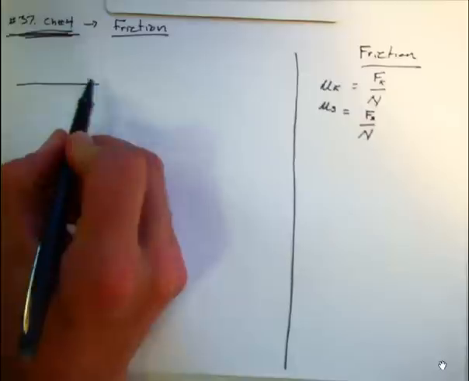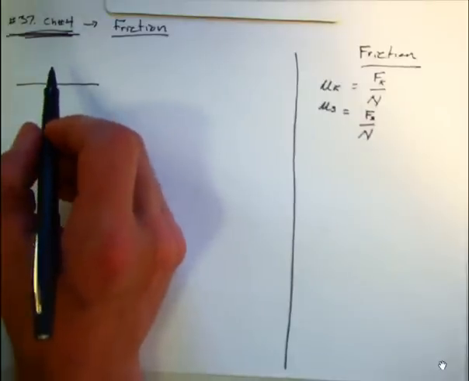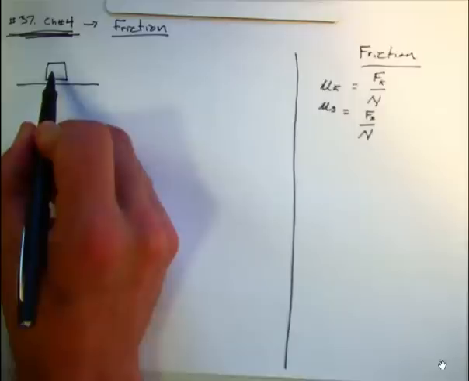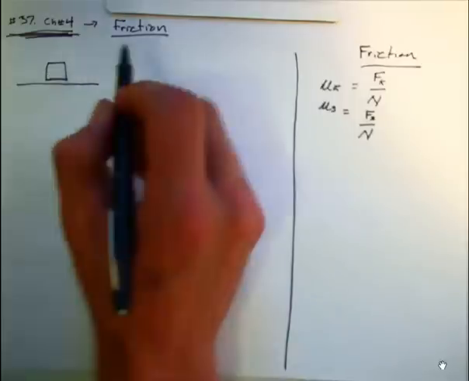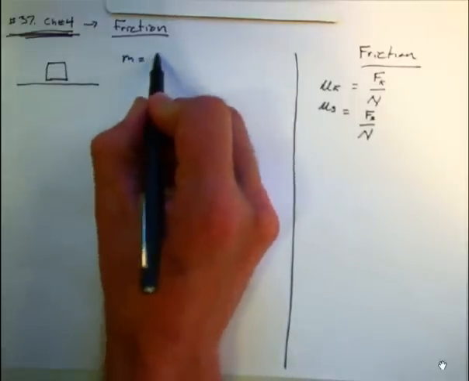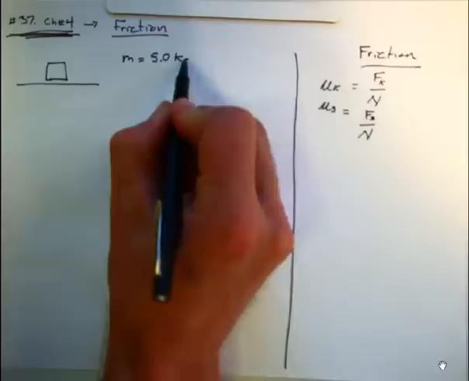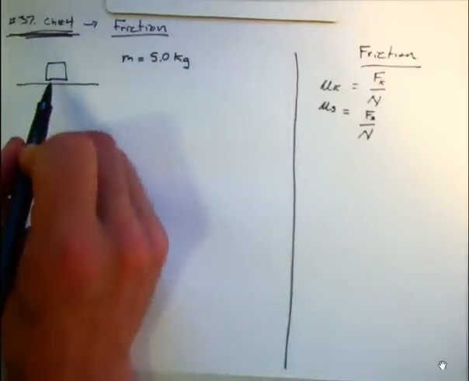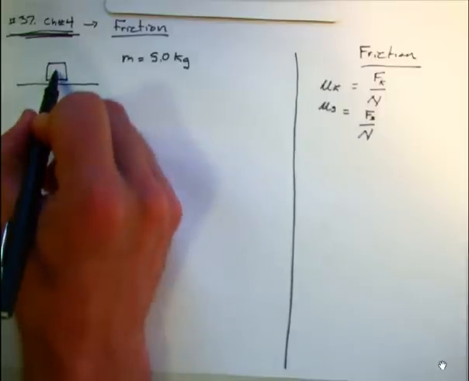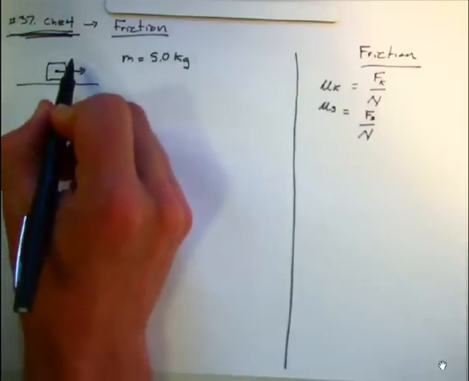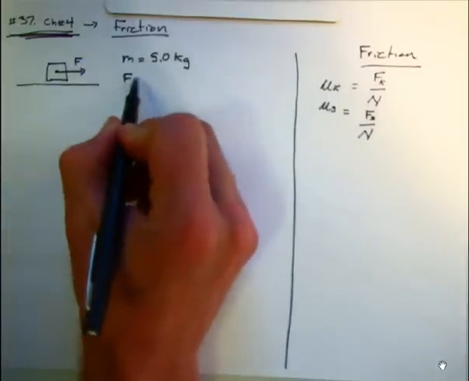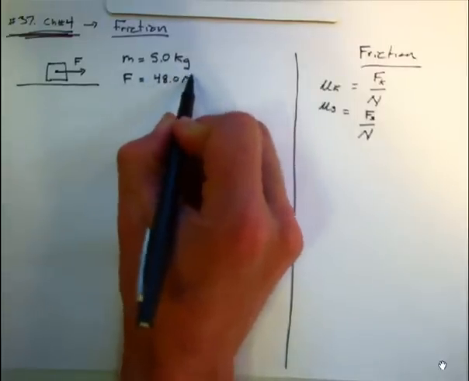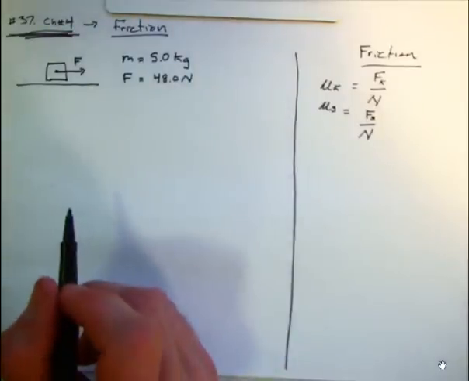We have a box sitting on a surface, the mass is 5 kilograms, it's moving on a horizontal floor, and there's some force F being applied to it, and F is 48.0 newtons.